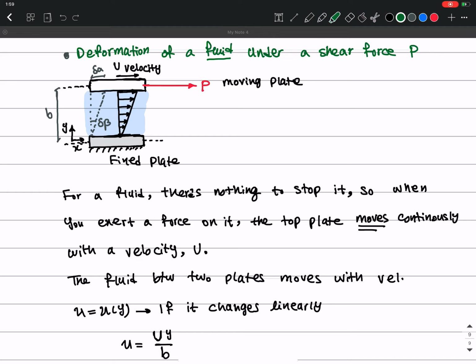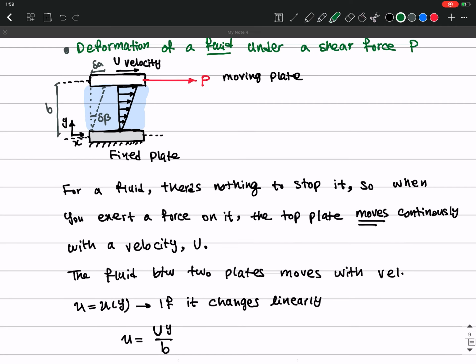We wrote that if the velocity profile of the fluid changes linearly, then the velocity of the fluid at each point based on this coordinate system should be U times y over b. So this means at the bottom it should be 0 and at the top it should be U.